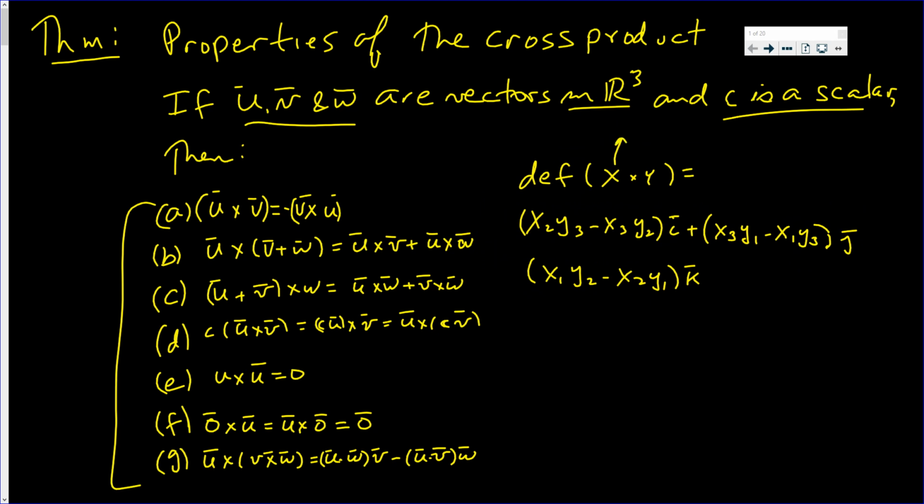So X is going to be X1i plus X2j plus X3k. Same for Y. This is the second component of X, sorry. This is the third component of X, and this is the first component of X. So down here, say X is the first vector and Y is the second.